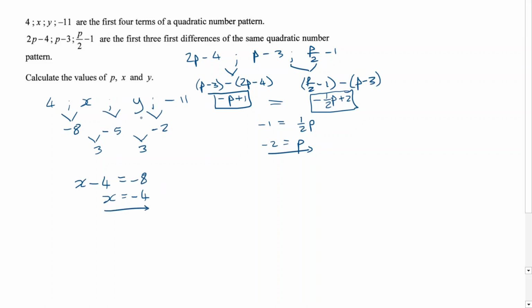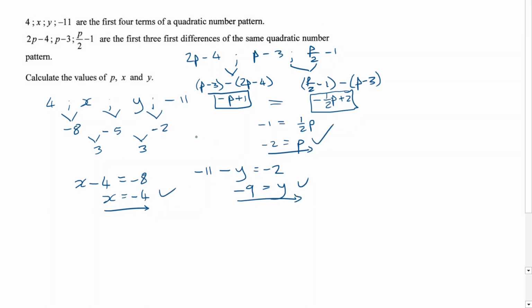If I wanted to work out the first difference here, for example, it would be term 4 minus term 3. And so if I take y across, I get y. And if I plus 2 across, I get minus 9. And there I've got my p, my x, and my y.